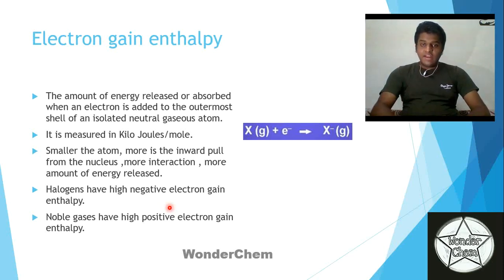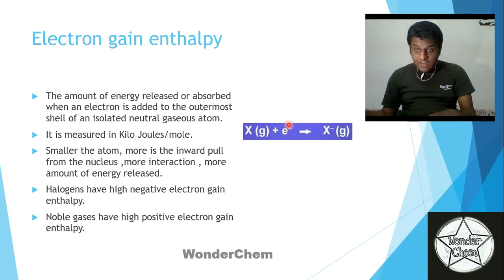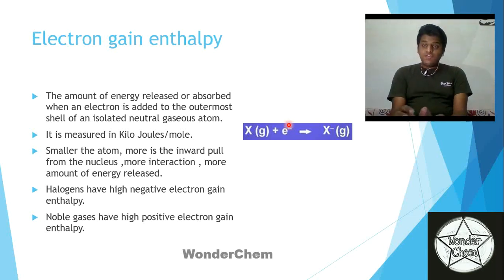Now when you are adding an electron, that means you are adding it to the next energy level. When it enters the next energy level, you have to provide more energy because the energy barrier is very, very high. So if you have to provide more energy, that means the energy is absorbed and that is a positive electron gain enthalpy.